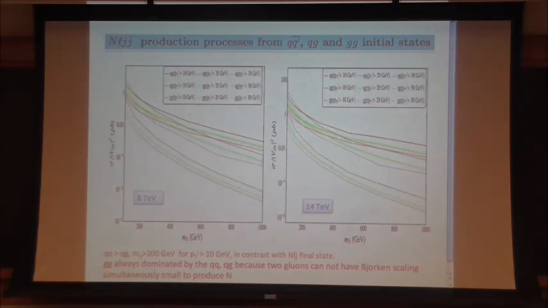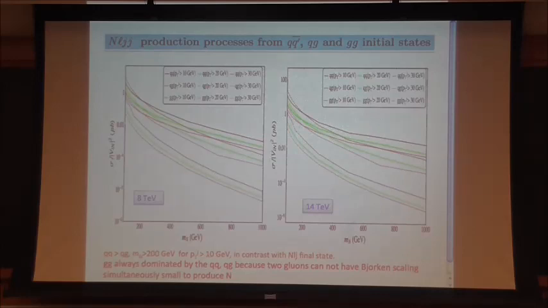We do the same for the two-jet processes. We separate out the QQ bar prime, the QG, and the GG initial states. For the QQ and QG, we find the same situation as we got in the one-jet case. But the gluon two-jet case is always dominated by the QQ two-jet and the QG two-jet.